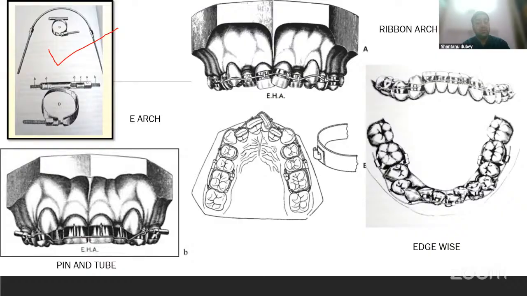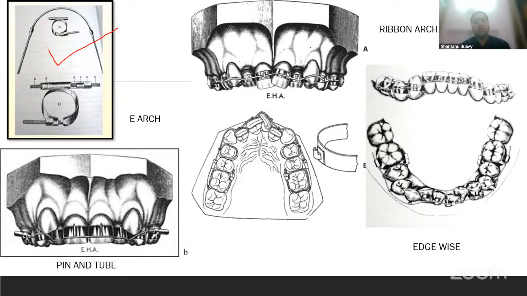And here, do you see a band around the teeth? It used to have a hollow tube sort of thing, and hence the name pin and tube. So the wire would have a pin, and these bands around the incisors would have a hollow tube. The pin would engage, and hence would be able to cause torquing. Imagine torquing was possible due to this.